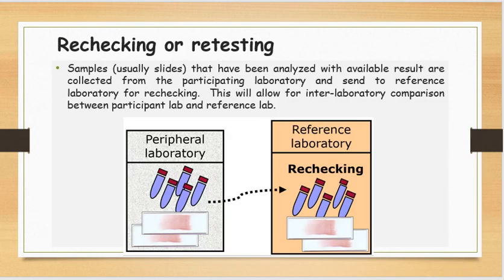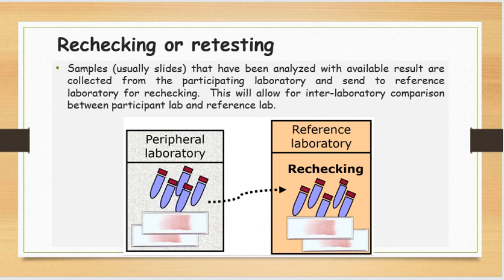The other method is rechecking or retesting. The samples, usually slides that have been analyzed with available results, are collected from the participating laboratory and sent to a reference laboratory for rechecking.